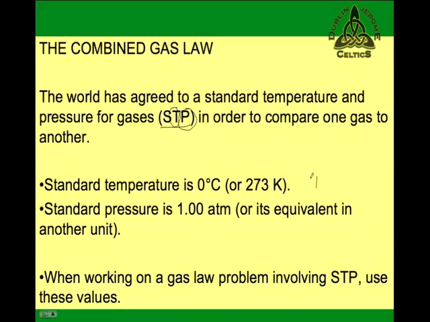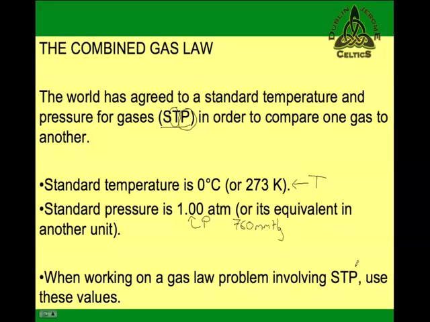The temperature term is 0 degrees Celsius or 273 Kelvin. The pressure term is 1 atmosphere or its equivalent. So if I wanted millimeters of mercury, standard pressure is 760 millimeters of mercury, because those are equal. So we can convert those as well.